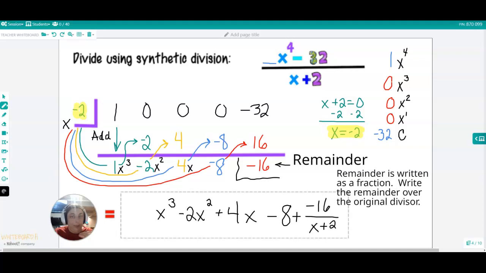Whenever we divide by x, our degree is going to lower by 1, because x to the fourth divided by x is x to the third. So every time you're going to be down 1 degree between your dividend and your quotient.